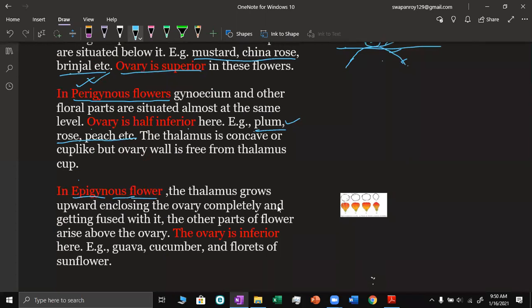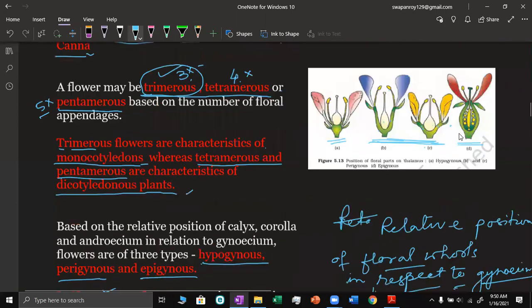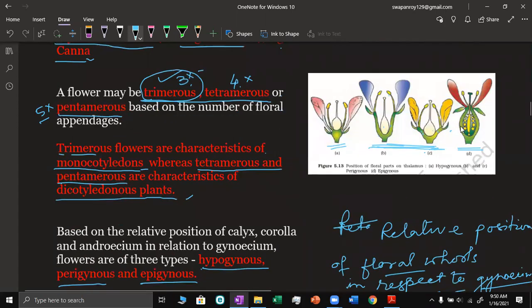Here the ovary is completely covered by the thalamus. This light green portion you can see is the thalamus. The thalamus has completely covered the ovary and is fused with the ovary wall.